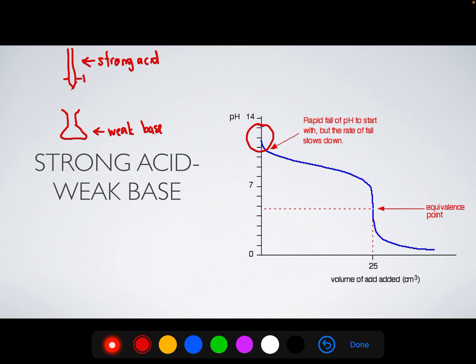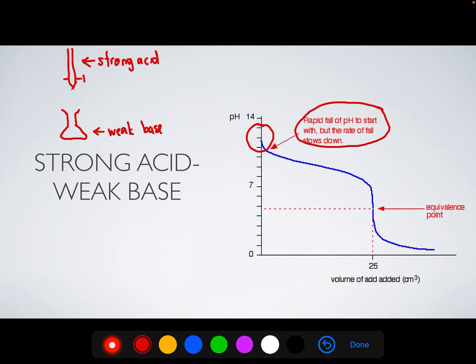Okay, and then dia akan mengalami penurunan when we have added the strong acid. Okay, kalau tengok statement yang ada di sini ni, dia kata rapid fall of pH to start with, but the rate of the fall slows down. Okay, apa maksud dia?